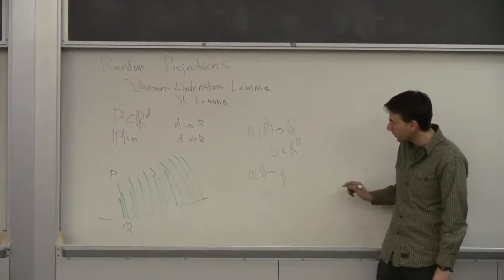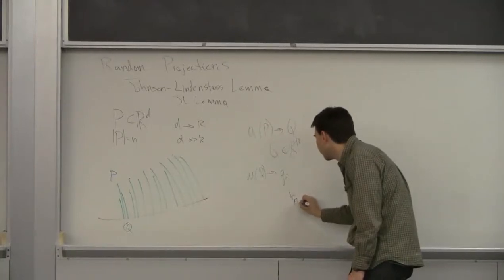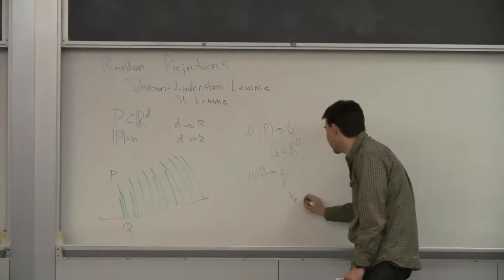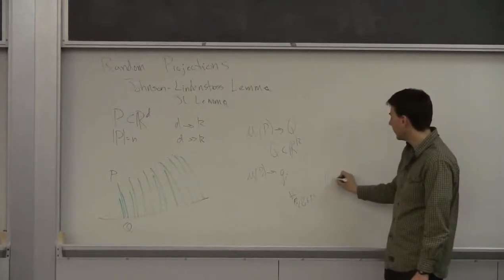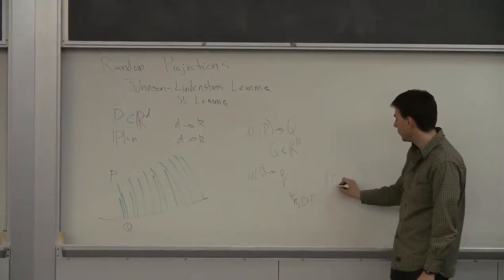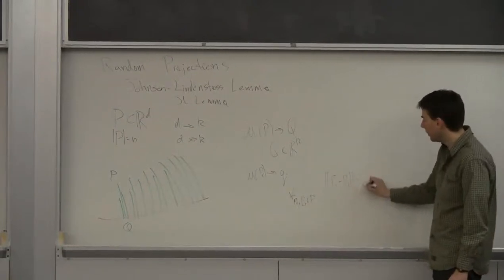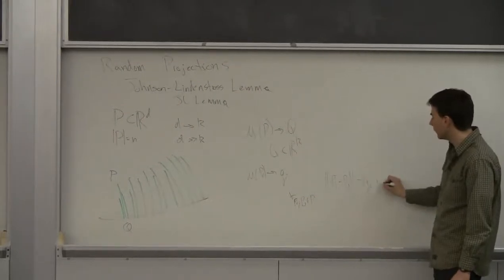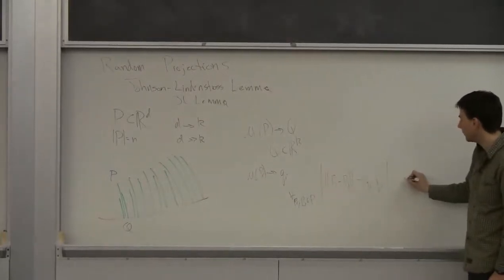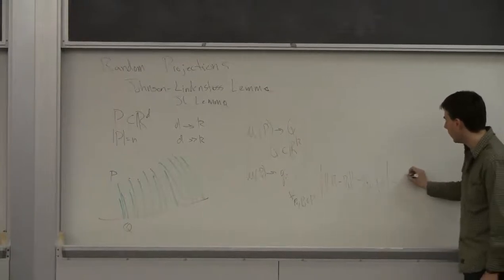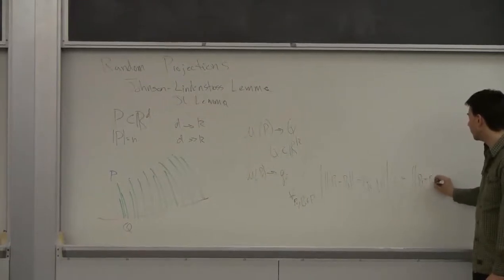And the property that we want is that for all Pi and Pj in P, the difference between the Euclidean distance of Pi minus Pj and Qi minus Qj is going to be less than some epsilon parameter times the norm of Pi minus Pj.